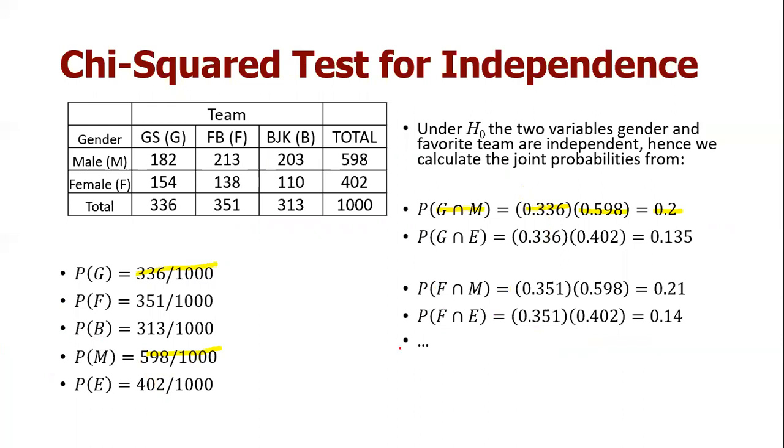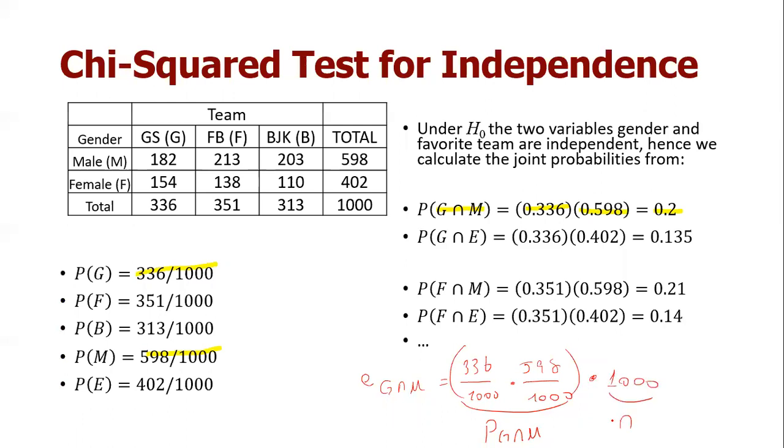For example, the E of G and M is equal to 336 divided by 1,000, times 598 divided by 1,000, so this is the probability that you have a Galatasaray fan who is a male, times N, the grand total.